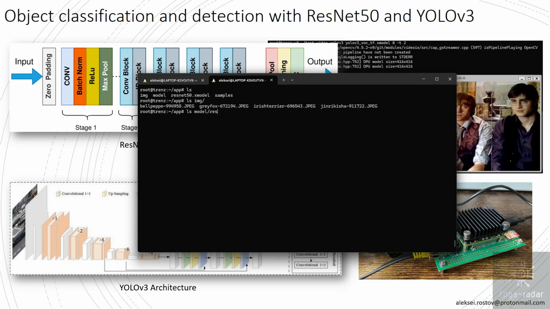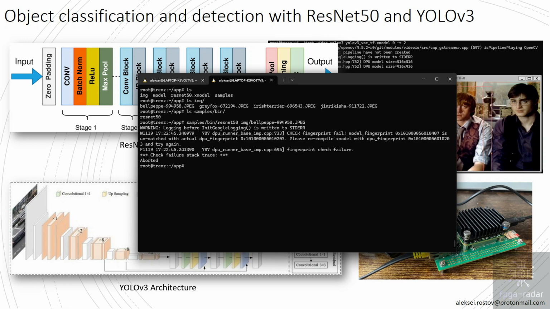No, sorry, it's not in model, it's in samples, bin, ResNet 50. So in order to run, we just need to call our binary file, samples bin ResNet 50, and one of the images. Let's take this bell pepper, the first one, and let's run.